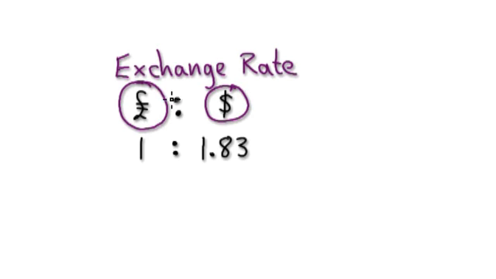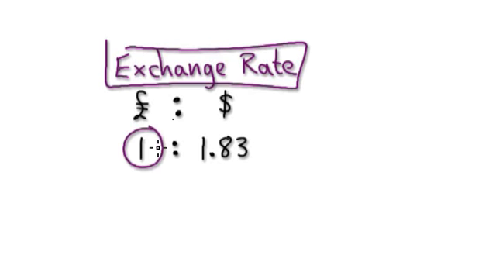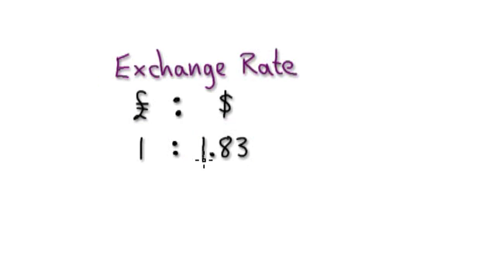So the money of one country, you want to exchange it into the money of another country. And when you go into a bank, you look at the exchange rate here, and let's just say £1 equals, well, if you exchange one British pound, you will get $1.83.